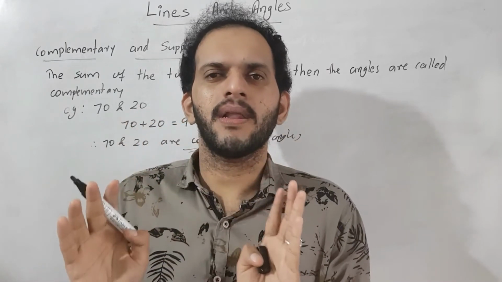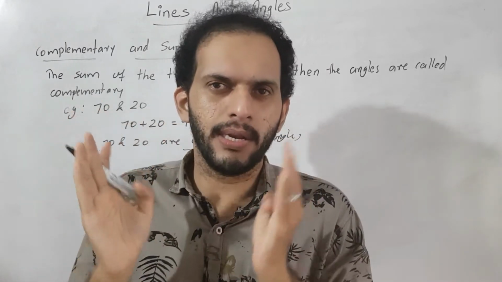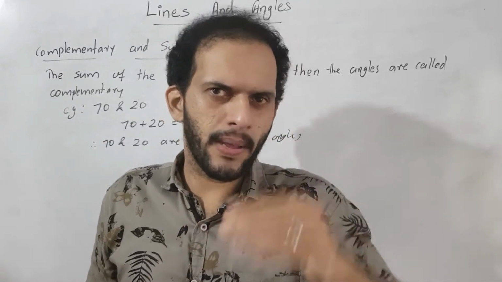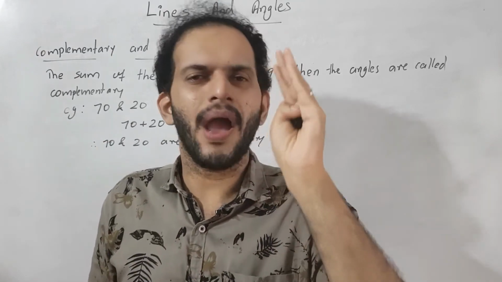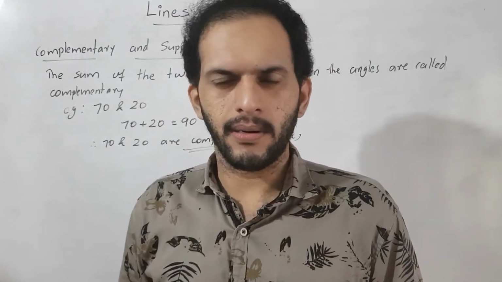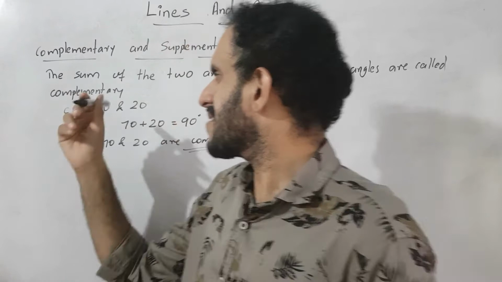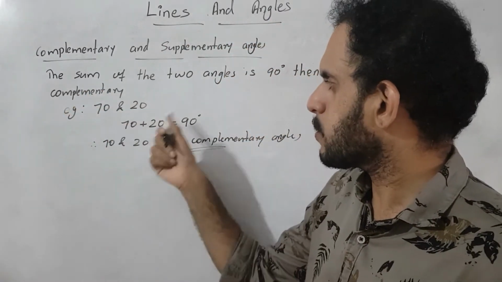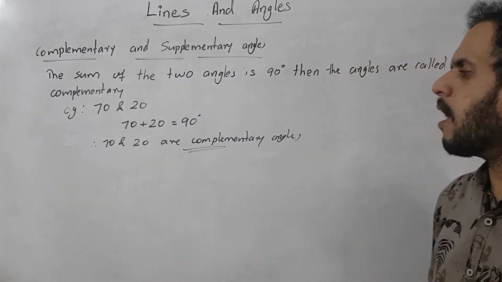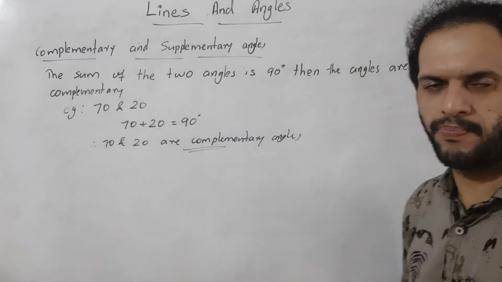Complementary means the sum is 90. Don't forget the idea. Complementary means the sum of the two angles is 90 degrees. For example, 70 and 20: 70 plus 20 is equal to 90 degrees, so they are complementary angles.